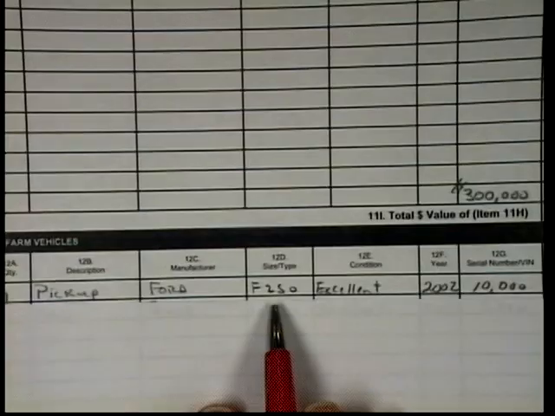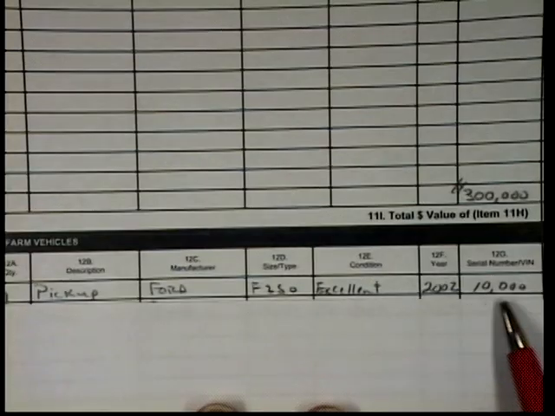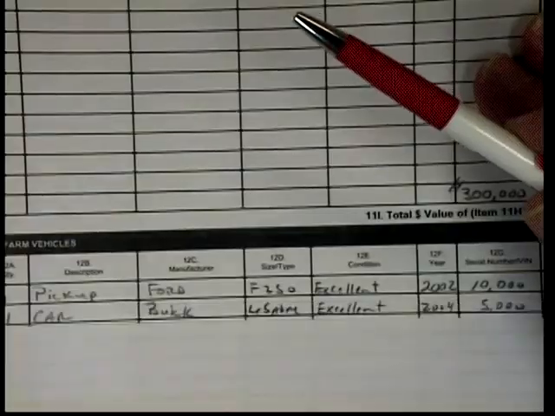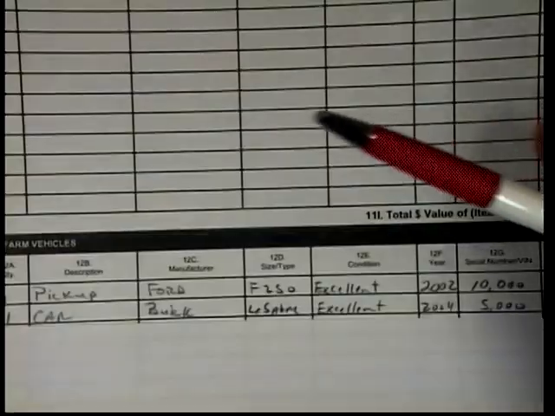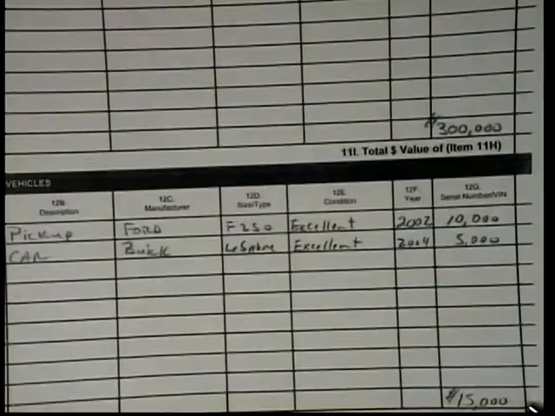Likewise with my personal vehicles. I've got a pickup, a Ford F-250, I value that at $10,000. And a car at $5,000. So that equals $15,000, and that goes back to my balance sheet also.